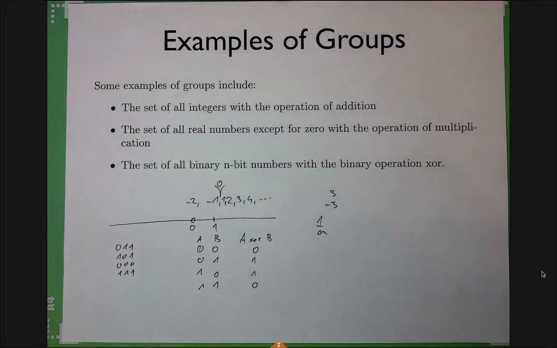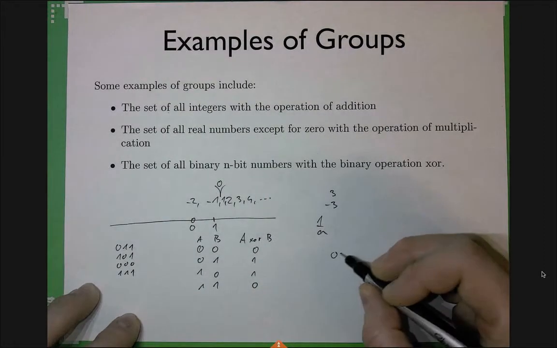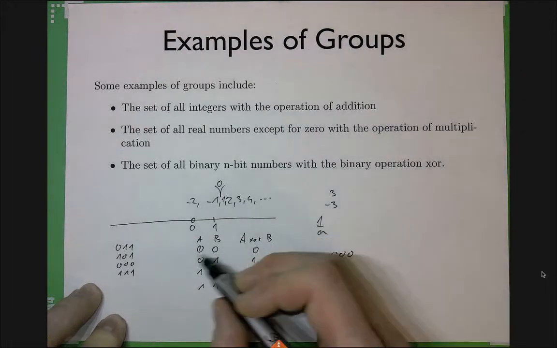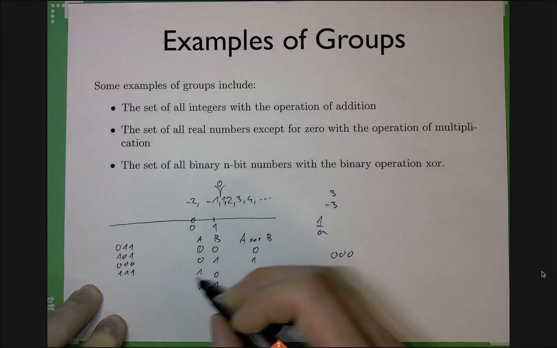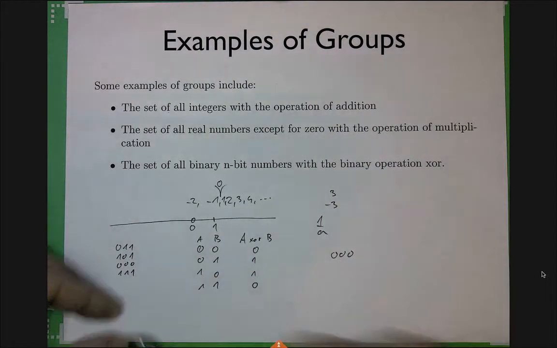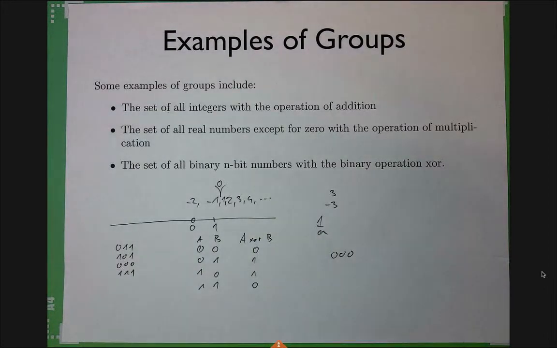Something that if I XOR something with, it does not change it, right? It's a 0 or 1. Yeah, all zeros. Because if I XOR 0 with 0, I get 0. If I XOR 1 with 0, I get 1, right? So if I XOR something with all zeros, I just get the thing back. So this is an identity element with respect to the XOR operation, right?